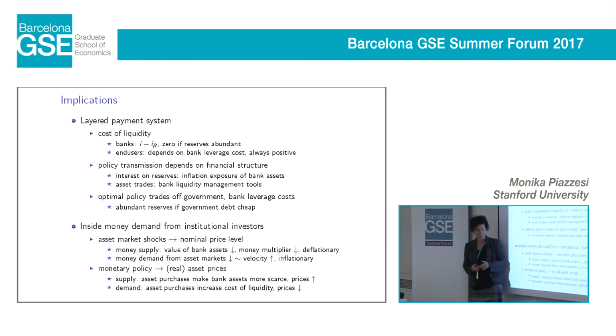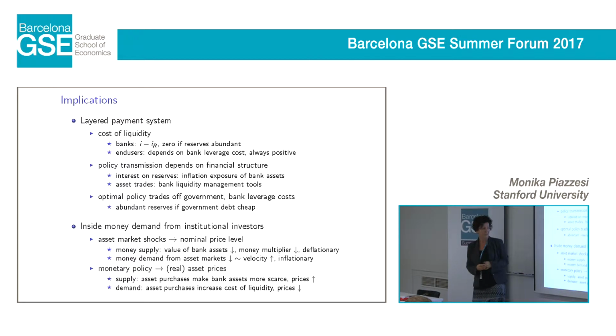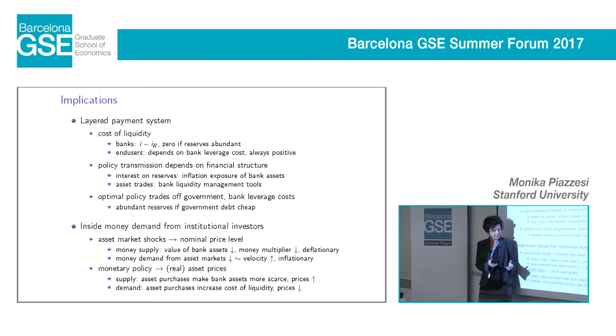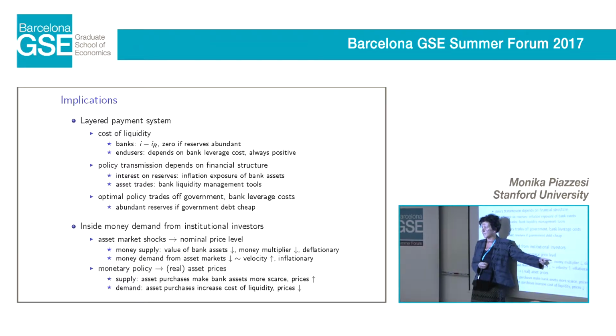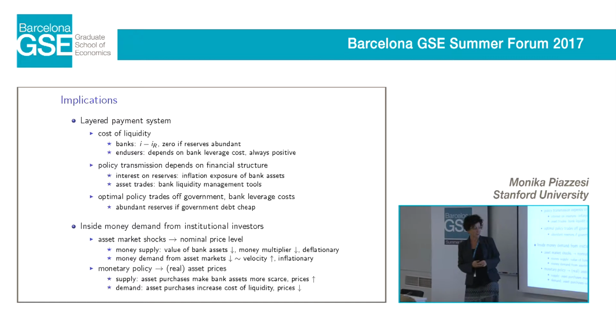So bank assets, for example: suppose that asset values decline, then the value of bank assets declines. That means the money multiplier is going to go down, because banks will not have as many assets to easily create inside money. And that's going to be deflationary in this model.